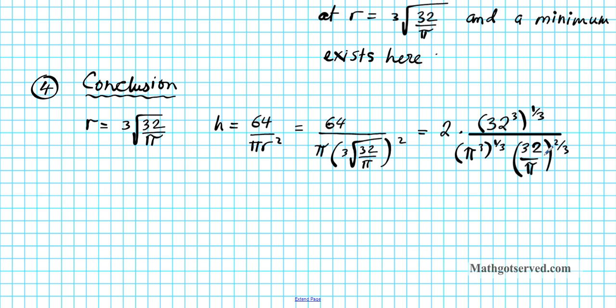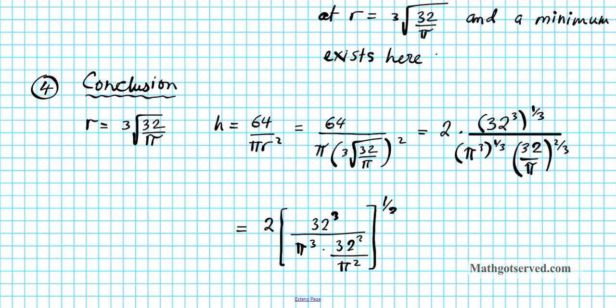If they're all threes, I can factor this out and write it as 2 times 32 to the third power over pi to the third, times 32 squared over pi squared, the entire thing raised to the 1/3.